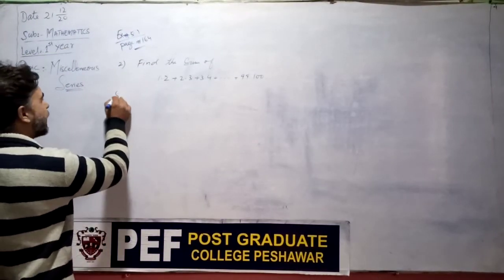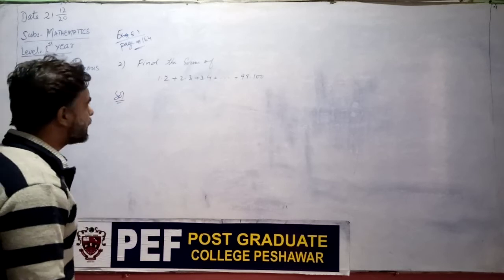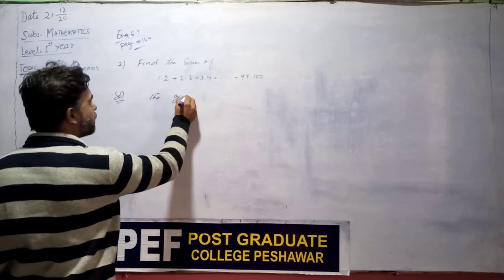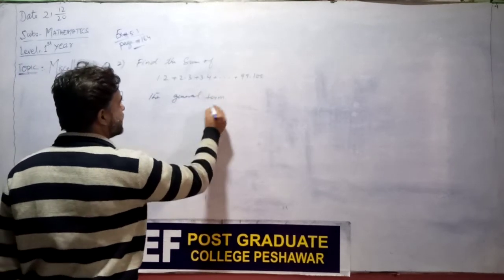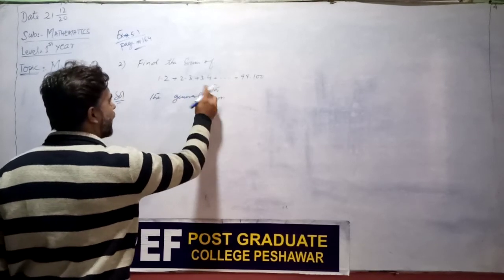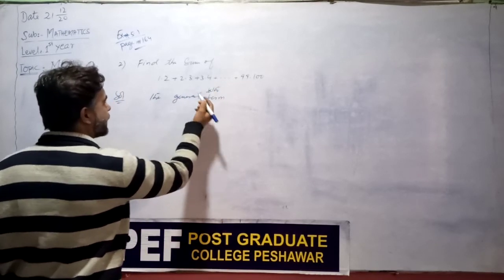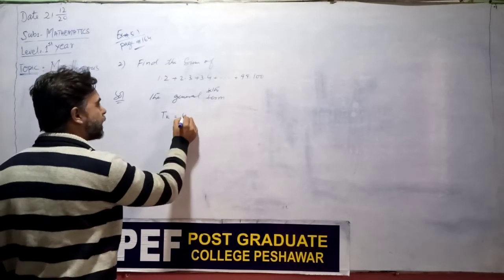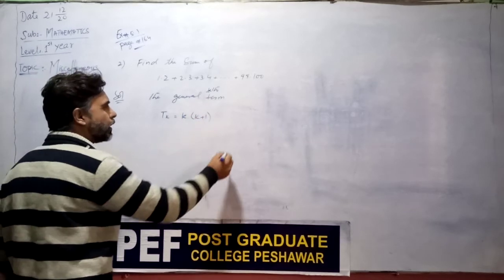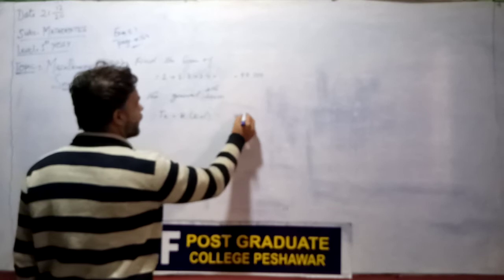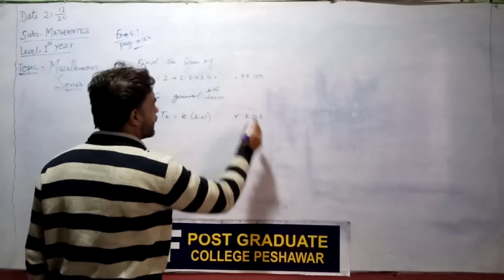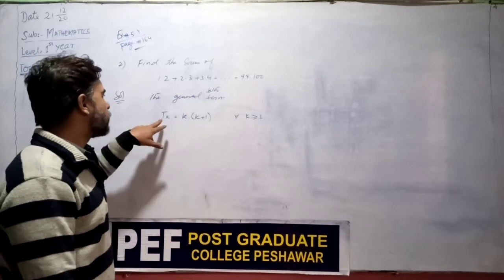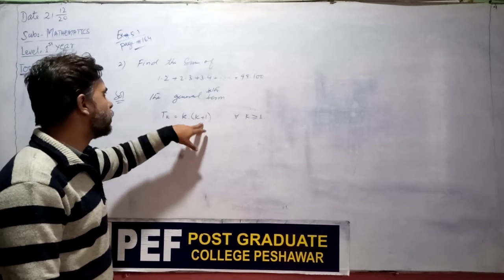By thinking over the terms, you can easily find that the general kth term is tk equal to k·(k plus 1), for all k from 1 onwards. If k is 1, this is 1·2.